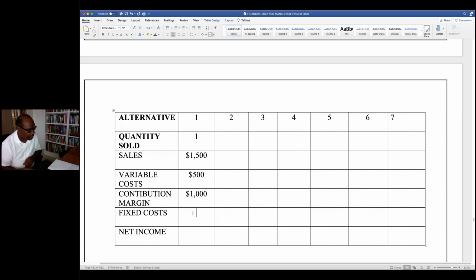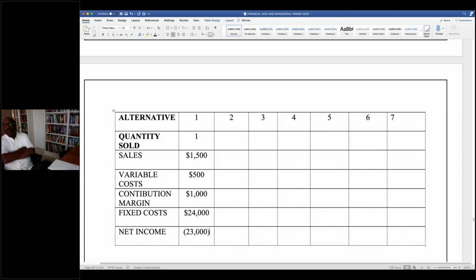But our fixed costs, we said, were $24,000. So when we sell one computer, we lose $23,000.